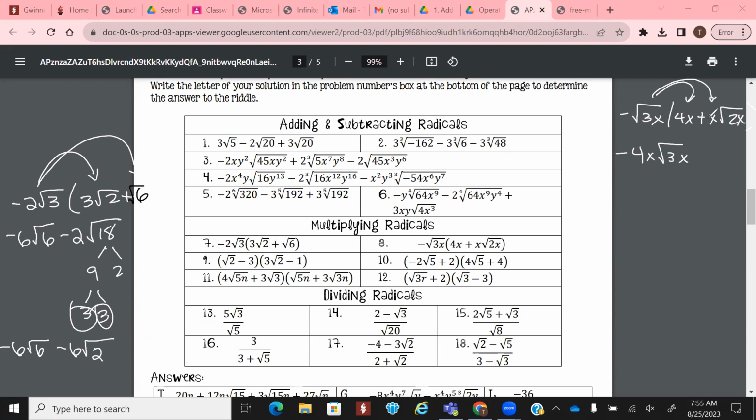Then I'm gonna multiply it times this over here. So that's gonna give me -x square root of 6x squared. With me? Let me write it smaller. That's going to give me -x square root of 6x squared.